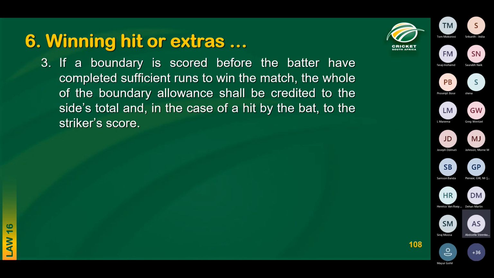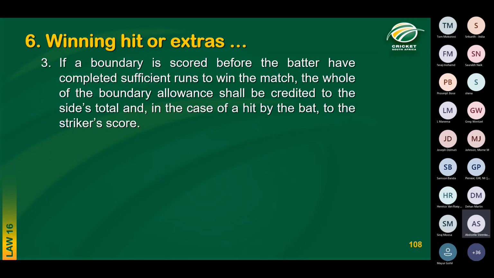So winning it. So what happens? Side A needs 1 run to win the game. The batter hits the ball towards the cover boundary, and before the batters complete the 1 run, the ball goes over the boundary.